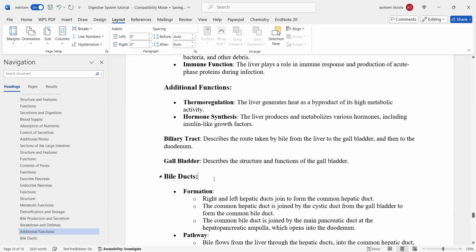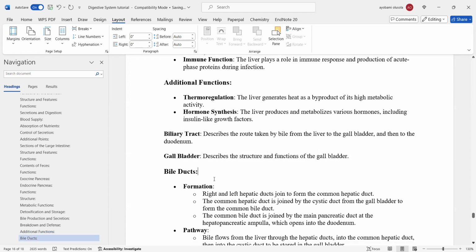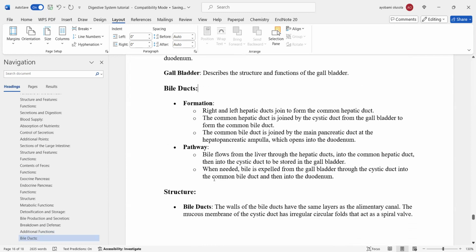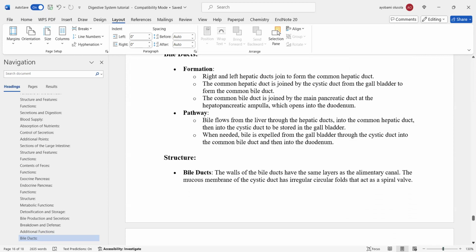So the bile duct, we said we have the bile duct. It opens into the duodenum. So the right and left hepatic duct, well, you don't need this. So let's just see the pathway that bile follows.